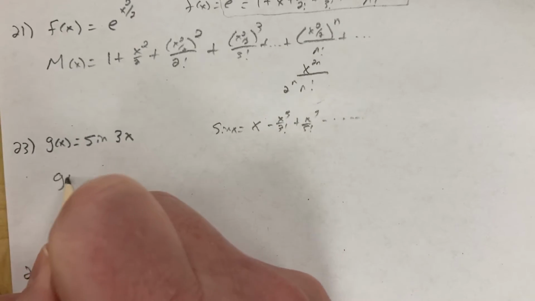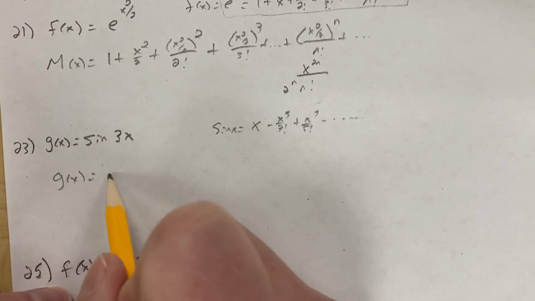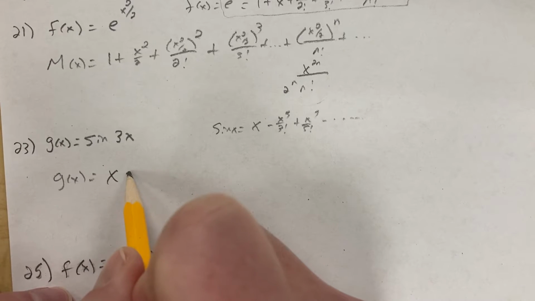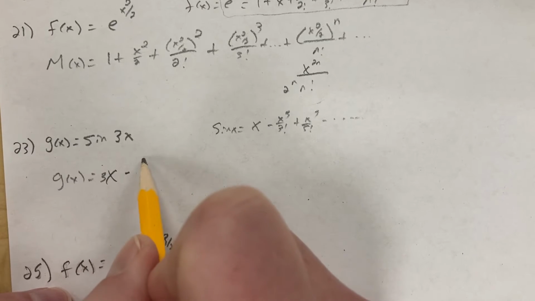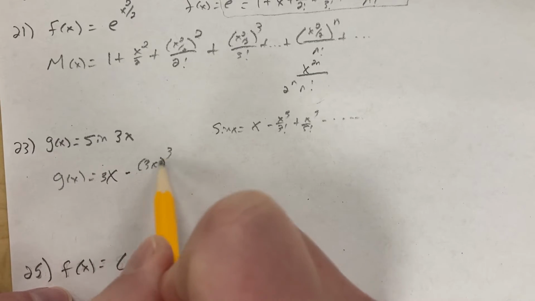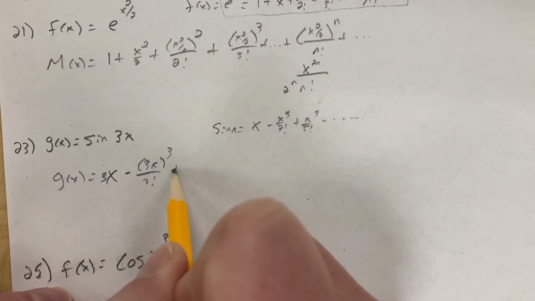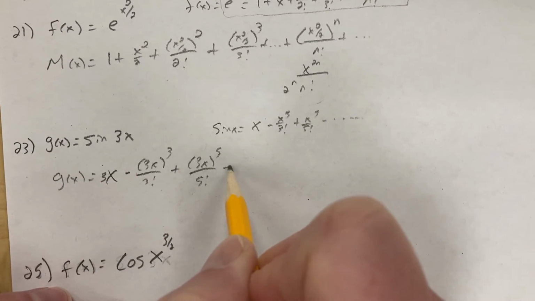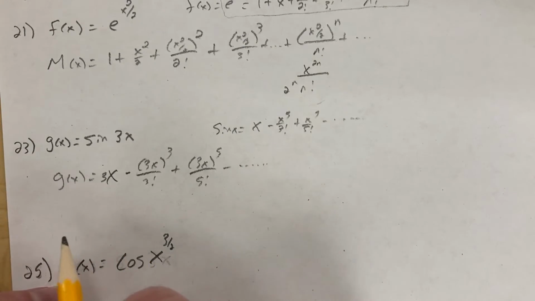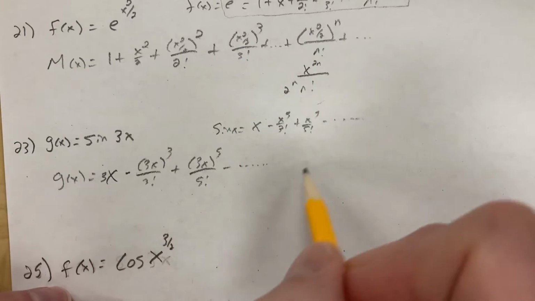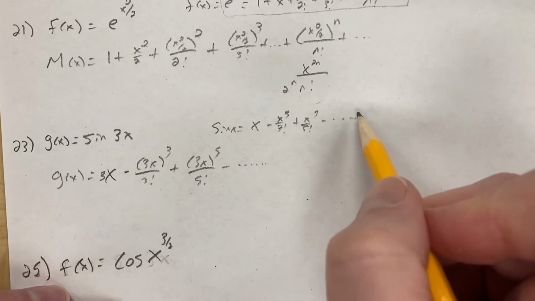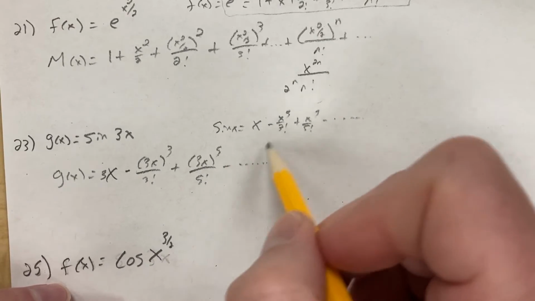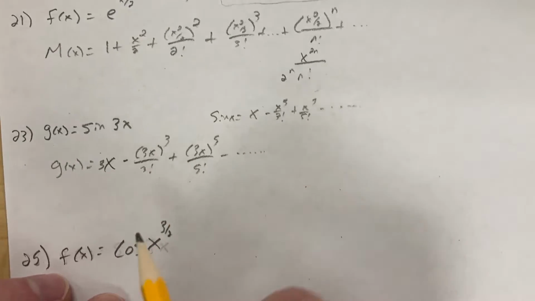So g of x, its Maclaurin series would be 3x minus 3x cubed over 3 factorial plus 3x to the fifth over 5 factorial minus, and then we can keep that pattern going. Okay. And then if we wanted to, there's kind of an odd general term for that. They usually don't ask you for that for sine and cosine, but we kind of see this pattern forming here.